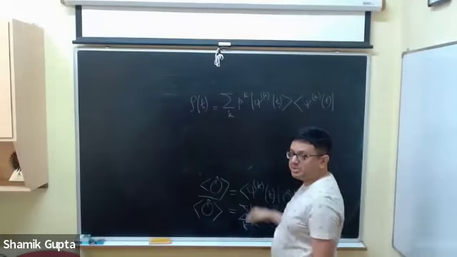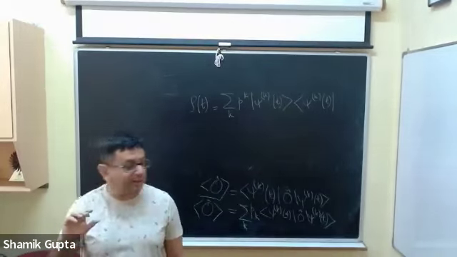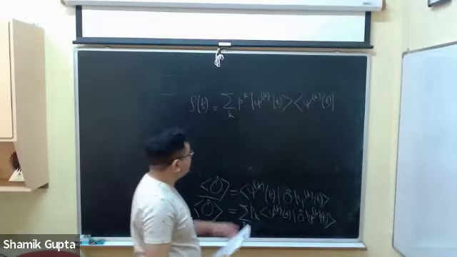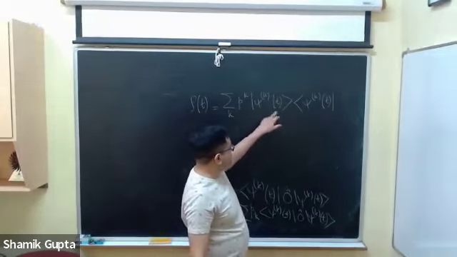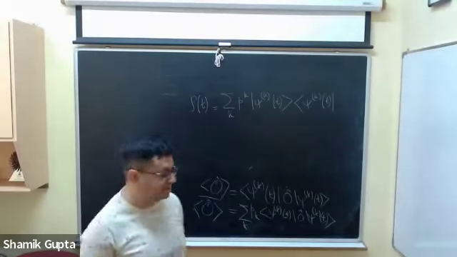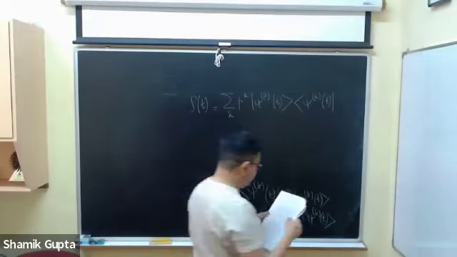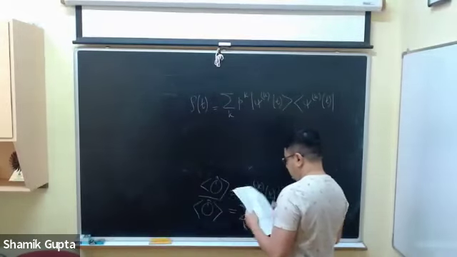This of course is an operator because I am taking the ket and the bra in reverse order, that is, I first take the ket and then take the bra. Definitely rho is an operator.